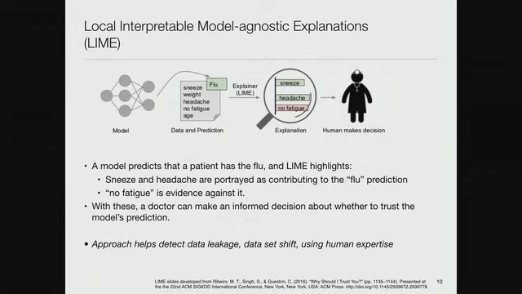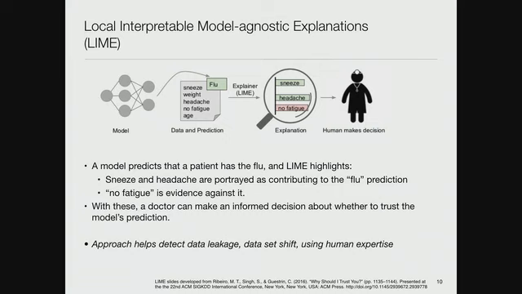Well, the granddaddy of the standard just-so story approach to explanation of complex models today comes from this paper and a system called LIME, Locally Interpretable Model Agnostic Explanations.